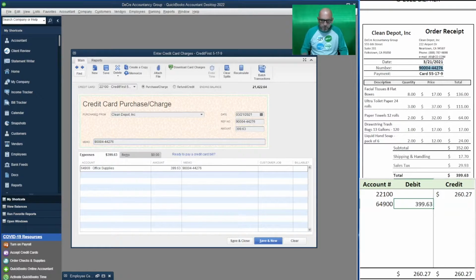Different items, but the impact is similar. Expenses go up, right? And for them to go up, they're debited. So 64,900 is debited. And we finance those expenses with liability, with the credit card. Therefore, 22,100 is a liability account. It goes up when credited.